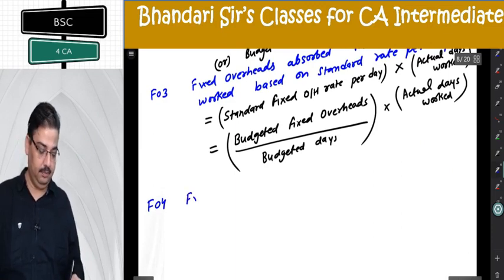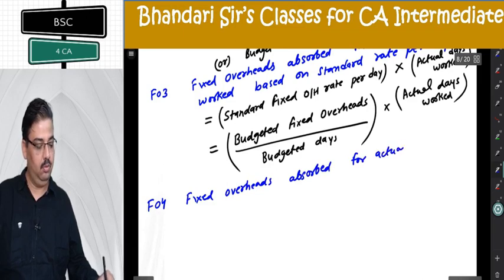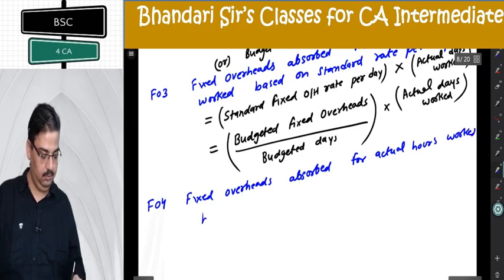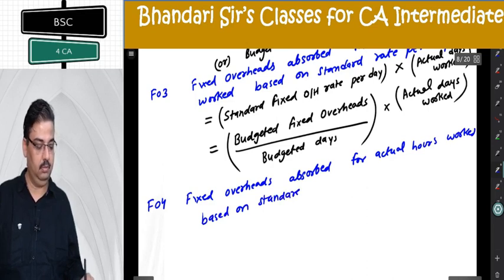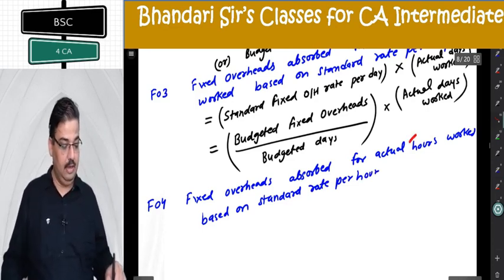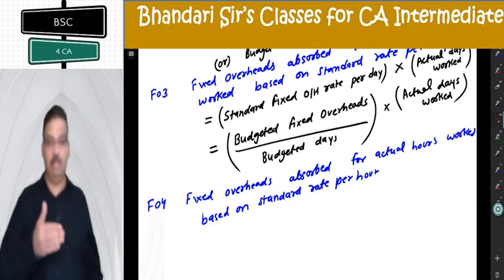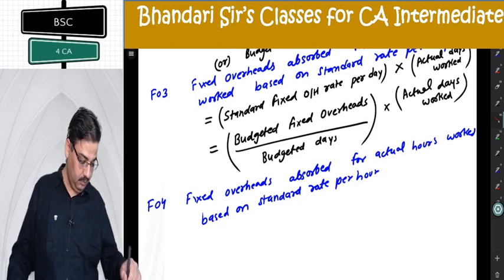Similar header. Fixed overheads absorbed for actual hours worked based on standard rate per hour. Instead of the word days, it is hours. Everything else is the same. How do I compute it?